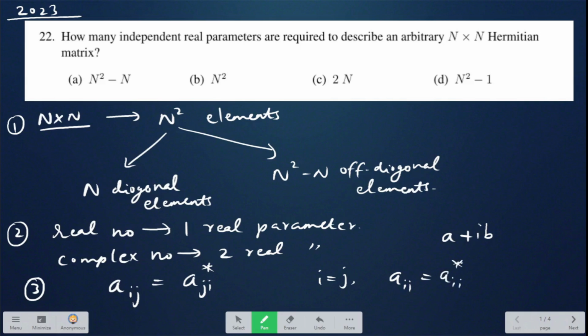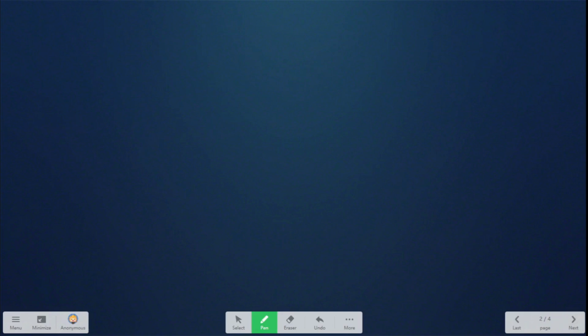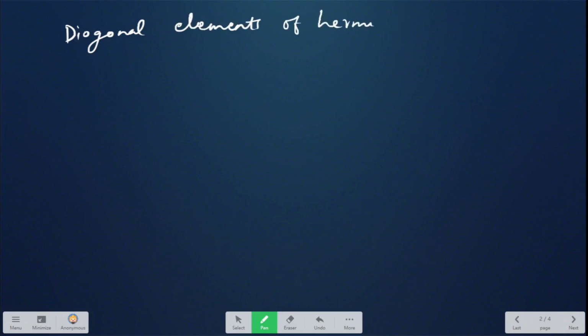Now this can happen only if a_ii is real, which means diagonal elements of a Hermitian matrix are real.